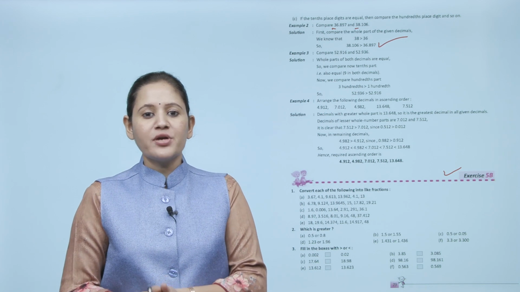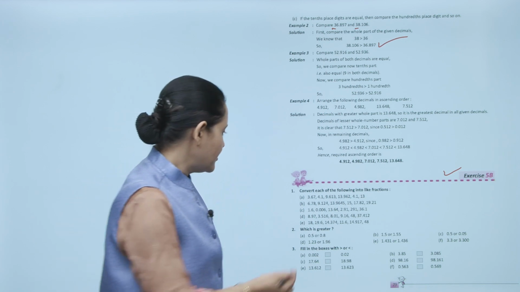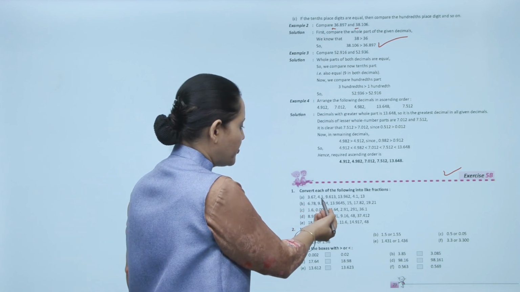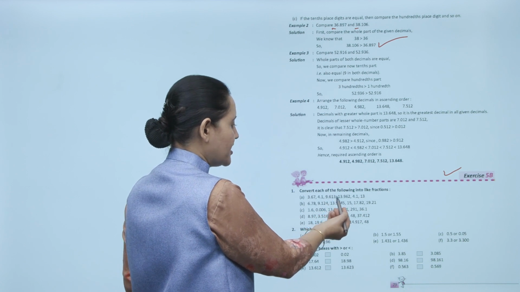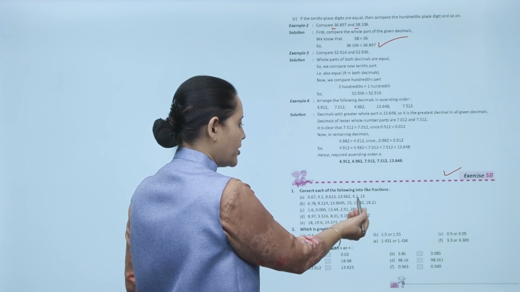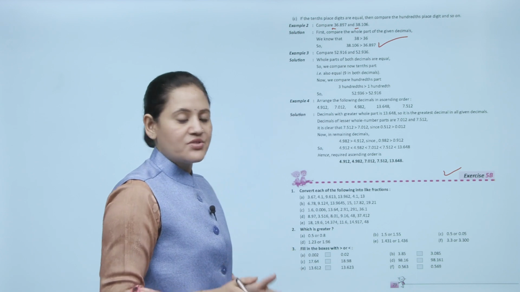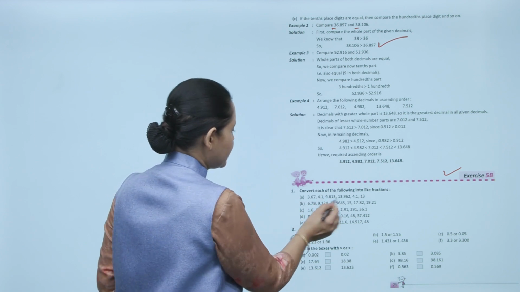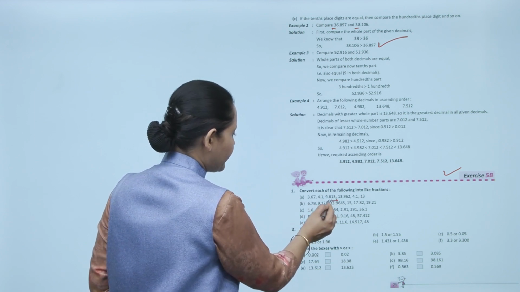Convert each of the following into like decimals. 3.67, 4.1, 9.613, 13.962, 4.1 and 13. So first we'll check the maximum decimal के बाद कितने places है, 3.